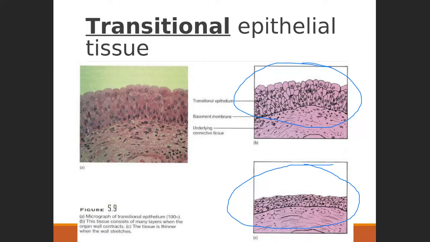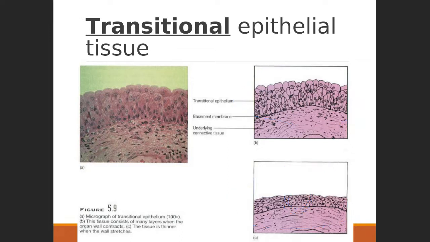They'll be found lining organs where that's part of their natural function. And because of that, what the tissue undergoes physically keeps us from being able to use our normal classification system. We want a classification system that's absolute, that isn't dependent on when in the day we look at it.